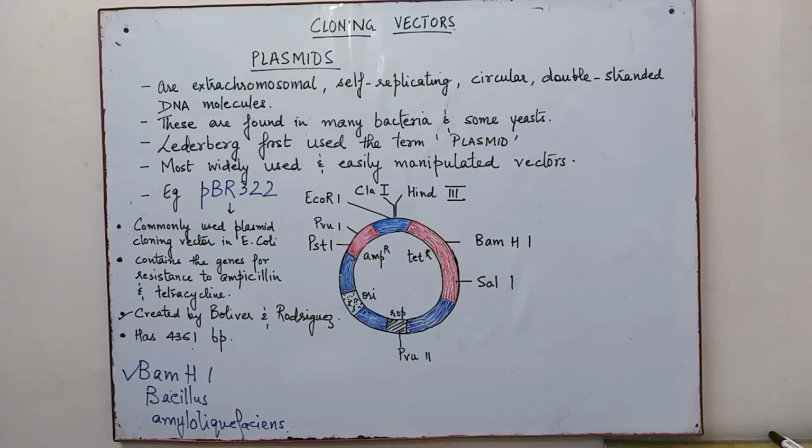In the recombinant plasmid, the foreign gene has been ligated at this particular site. The plasmid will lose tetracycline resistance due to the insertion of the foreign DNA, but it can be identified easily from the non-recombinant one.